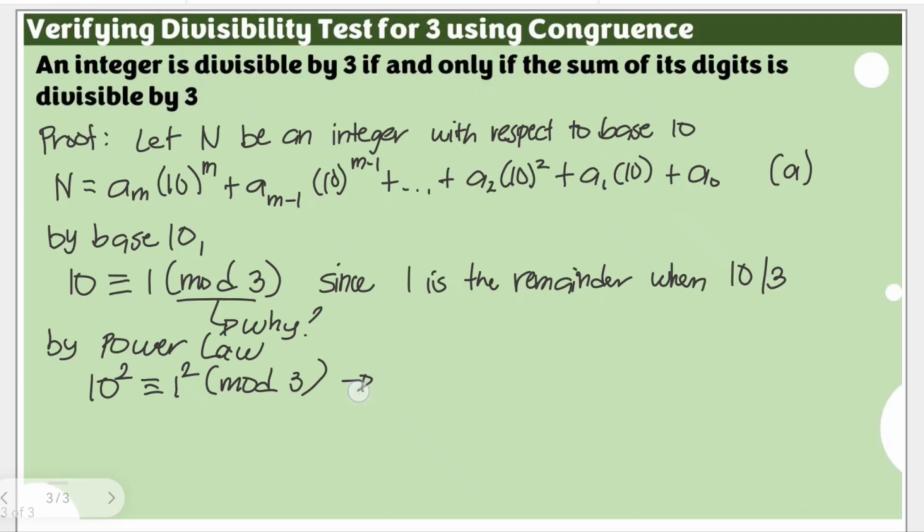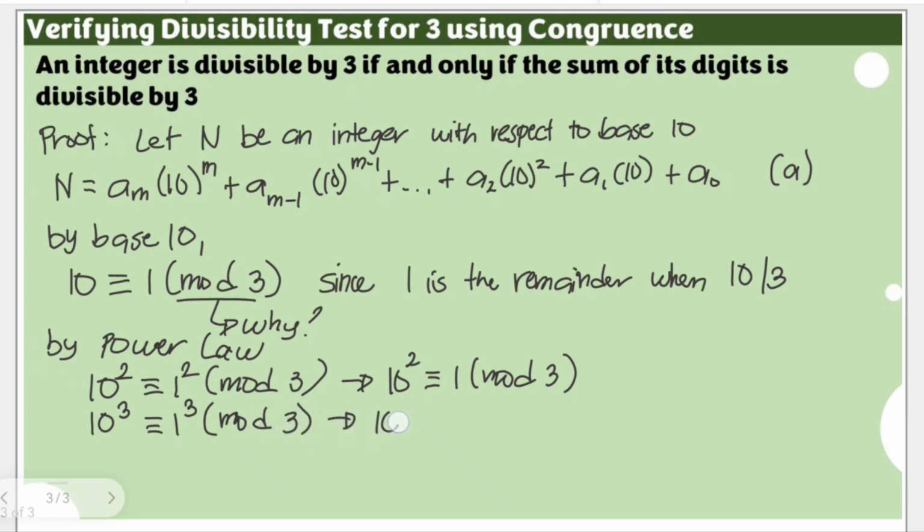This would mean that the remainder for 10 squared when divided by 3 is also 1 squared, or simply 1, modulo 3. Next, if we have 10 cubed, it's 1 cubed as well, modulo 3, which means that 10 cubed is congruent to 1 modulo 3 as well.